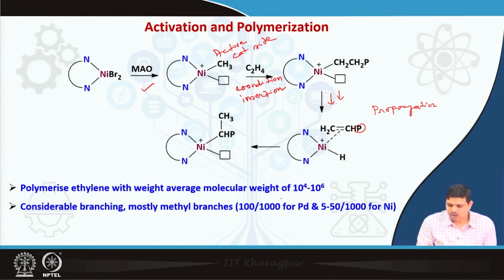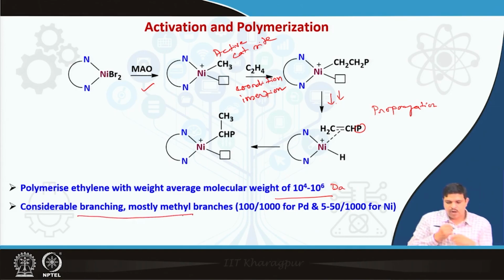You can get a molecular weight of around 10 to the 6 Dalton. That is quite good, and not only that, you can get considerable branching. As you know, we sometimes purposely put branching into polyethylene to induce different properties and for particular applications.